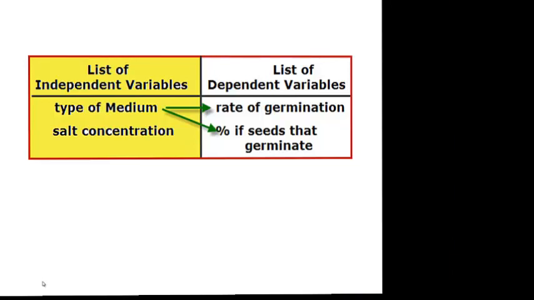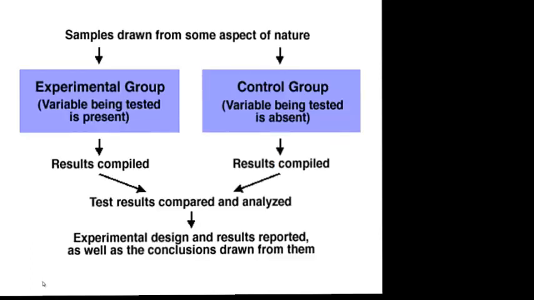Here we've picked the type of medium that the seeds are grown in as the independent variable, and thus we could measure the rate, the amount of time it takes to germinate in the varying mediums, or the number of seeds germinated like we did with the pH experiment. The things that we count or measure are always dependent variables, and they will be influenced or changed by the independent variable.